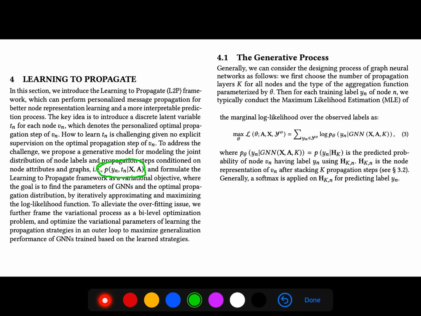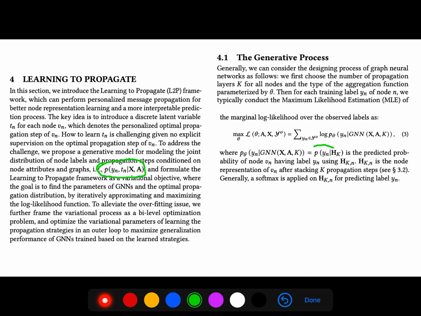We consider the design process of graph neural networks as follows. We first choose the number of propagation layers for all nodes and the types of aggregation function parameterized by theta. Then for each training label of node n, we typically conduct maximum likelihood estimation of the marginal likelihood over the observed labels.